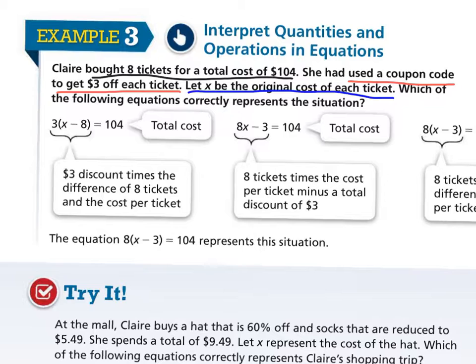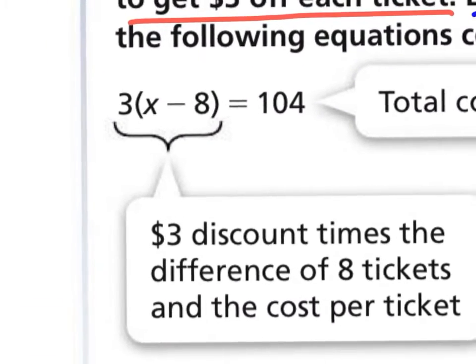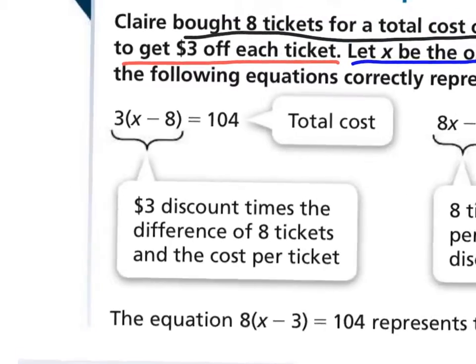All right, so if we look at these different options, this first option, if X is the original cost, X minus 8 is like saying we got $8 off, and then the times 3 means we bought 3 tickets. That's like 3 tickets, $8 off of each ticket. That's not what we want.